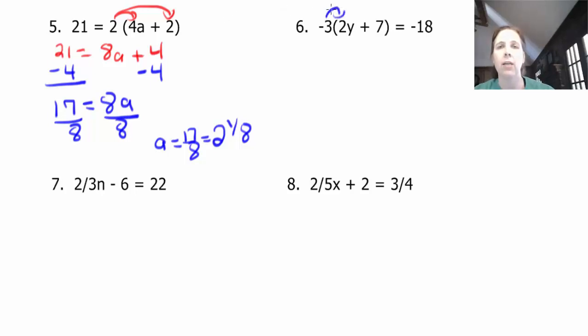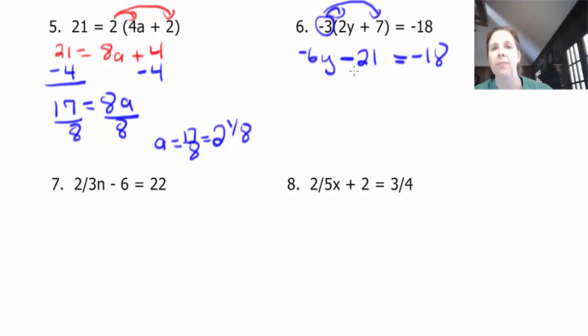Okay, so here we're going to distribute. Don't forget to take that -3. So -3 times 2y is -6y minus 21, or plus a -21 equals -18. So again, we're going to try to isolate that variable. We add 21. Okay, so 6y equals, so we have a -18 plus 21.